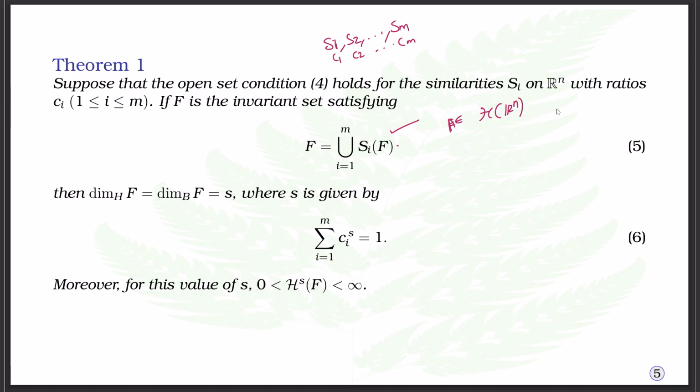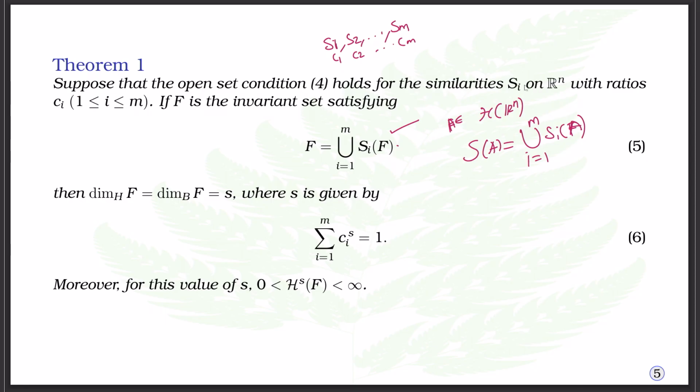Then we can define the Hutchinson mapping S as S of A equal to the union over i equal to 1 to m of S_i of A. Then as per the iterated function system theorem, this Hutchinson mapping has an invariant set.